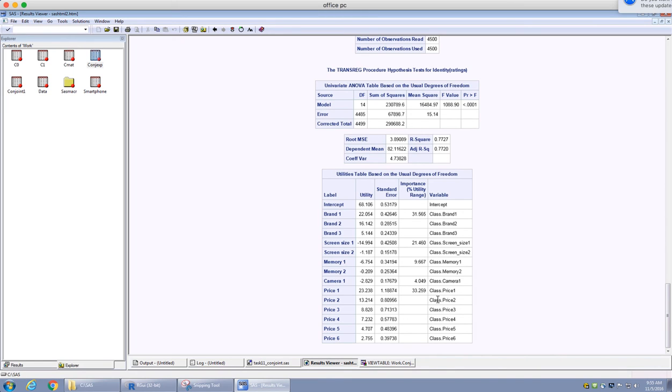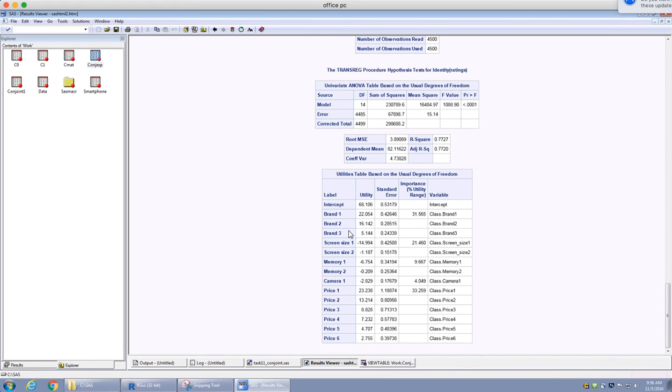So this is something you could look into in terms of the importance of each attribute, and you can see what the trade-off could be by looking at the utility of each of the attribute levels.